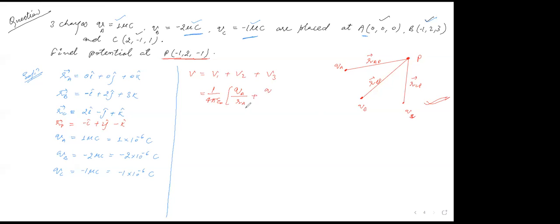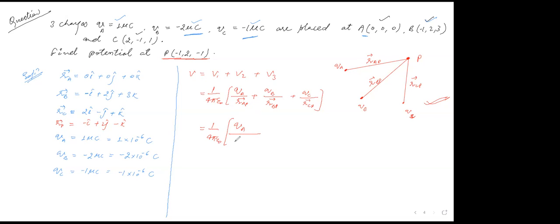Similarly, this is your RAP. Similarly, this is your QB over RBP and QC over RCP. Then in the next part, you can write 1 over 4 pi epsilon naught, and this is your QA. And what is your RAP?